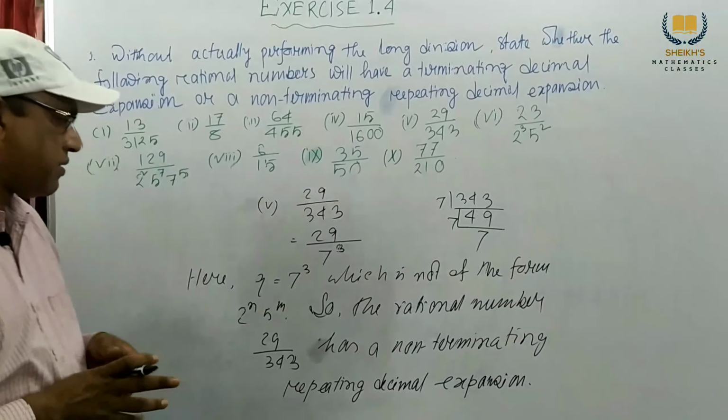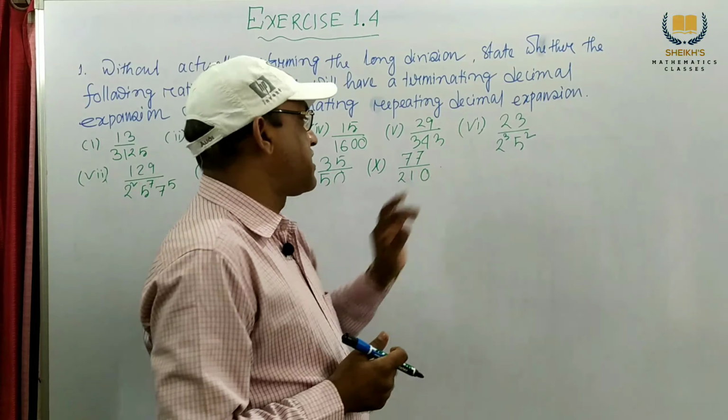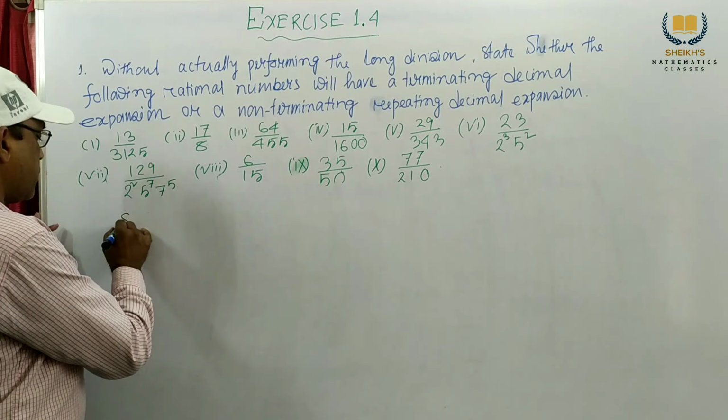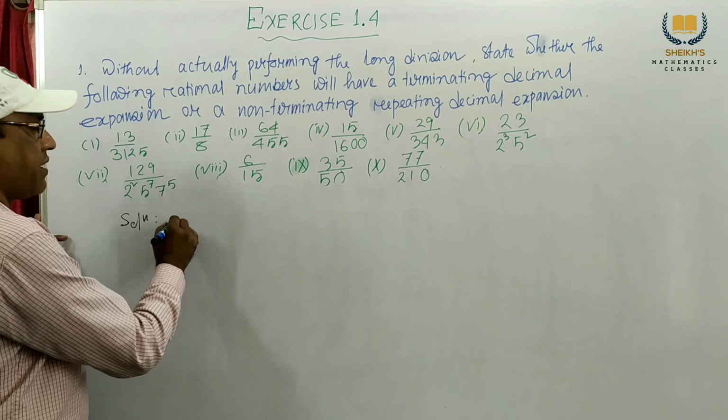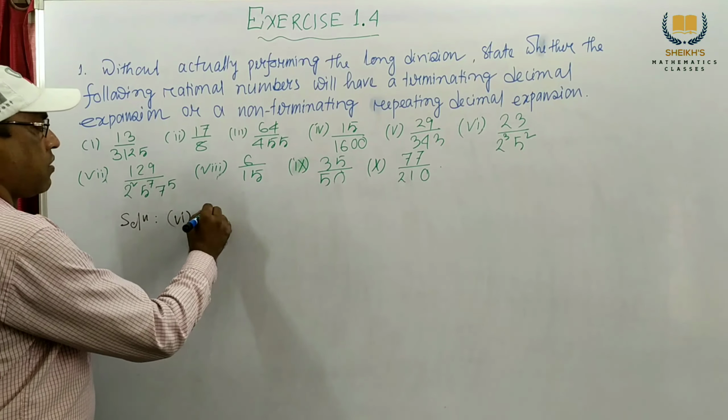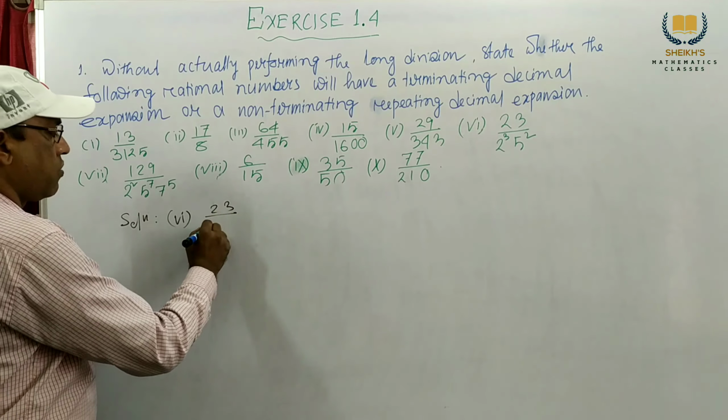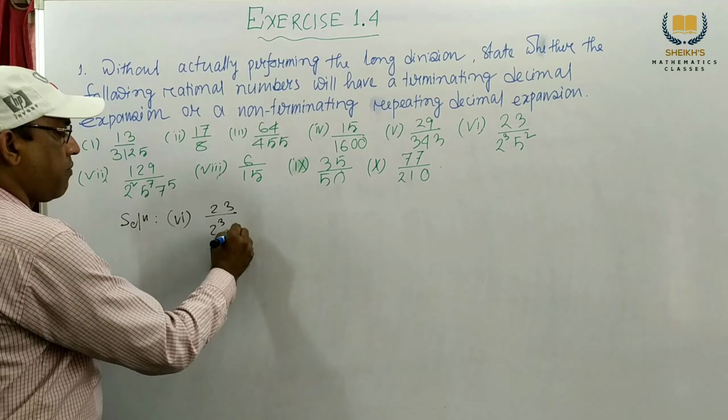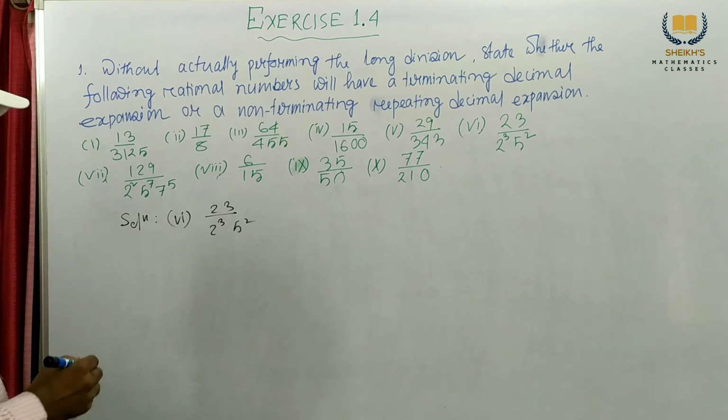Now we consider problem number 6. Given 23 by 2 to the power 3, 5 to the power 2.